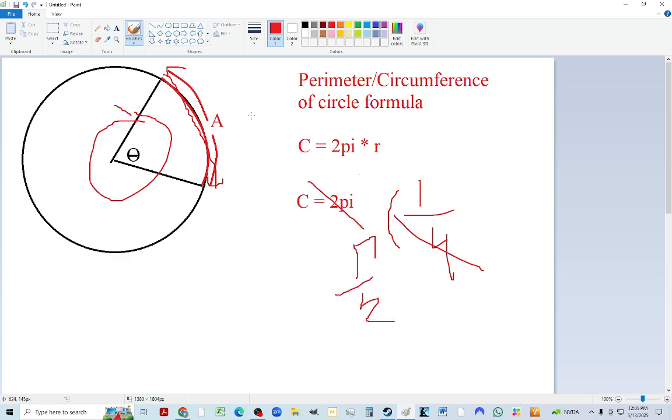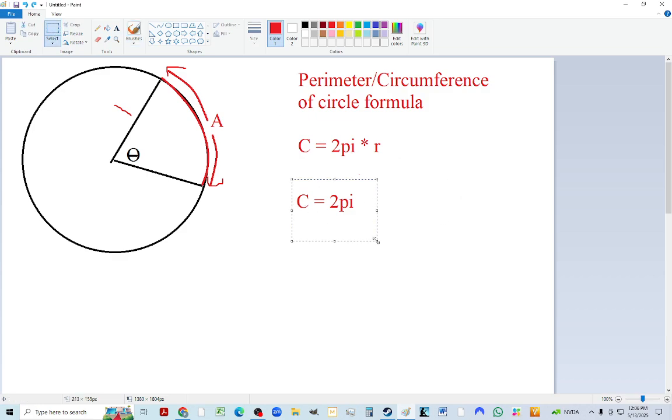So we discover that this measurement here is always a percentage of the 2 pi. So the shorter it gets, the smaller that is. And we end up with this formula.